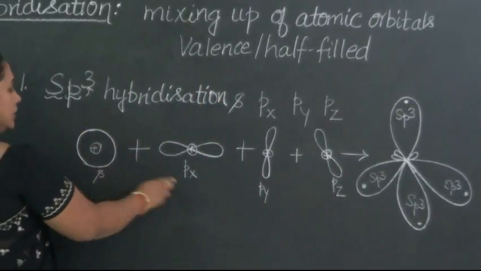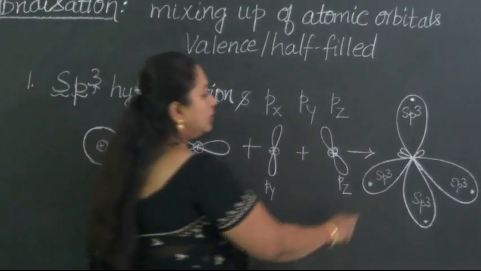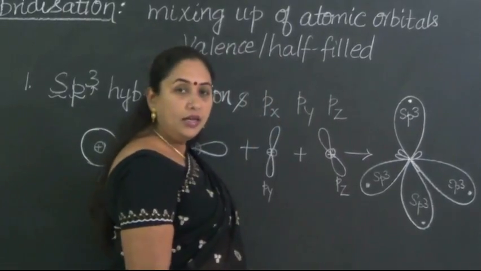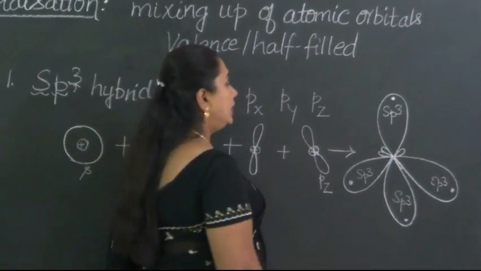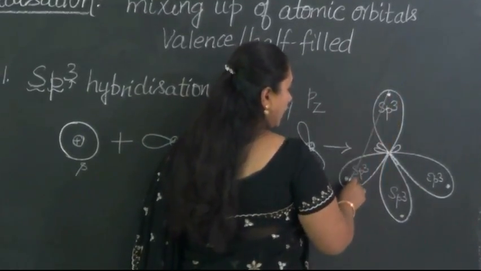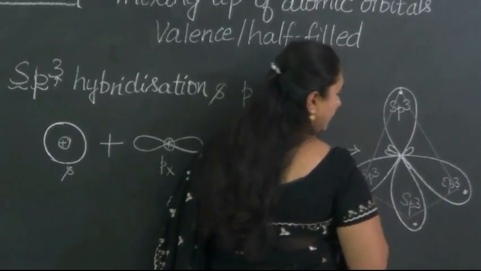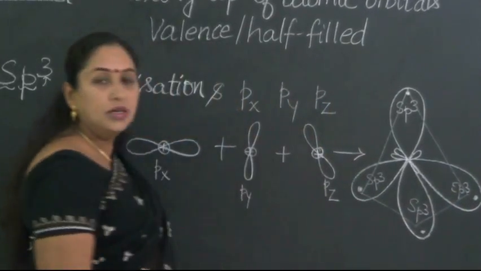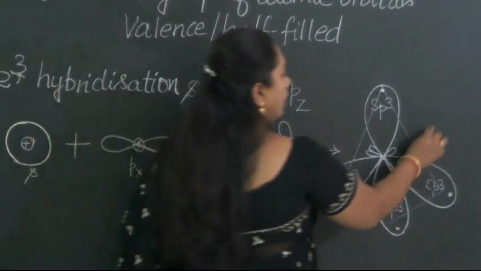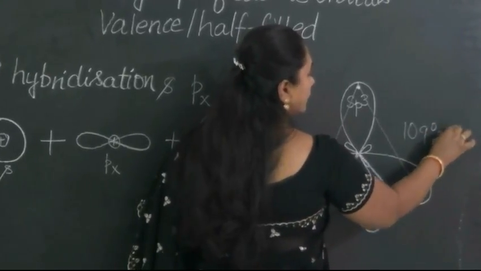Though there is an energy difference between s and p orbitals, the hybrid orbitals obtained will not have any difference in the amount of energy. They are all called degenerate orbitals, and they will be taking the shape of a tetrahedron like this, and they will maintain a bond angle of 109 degree 28 minutes.